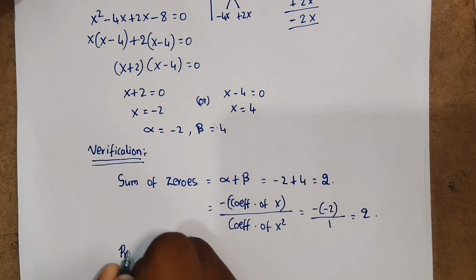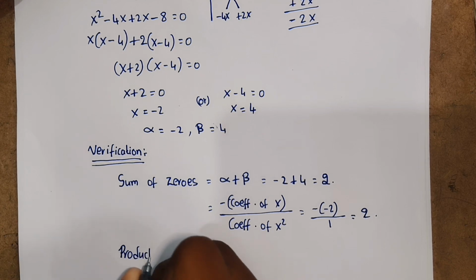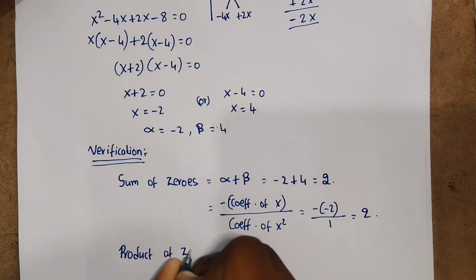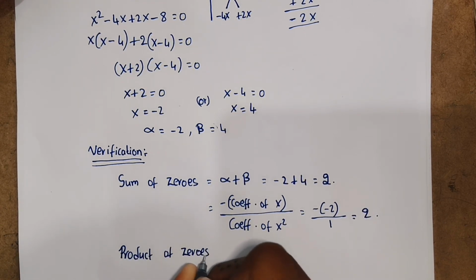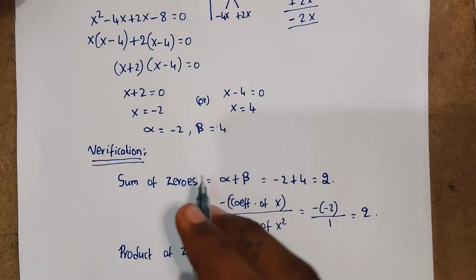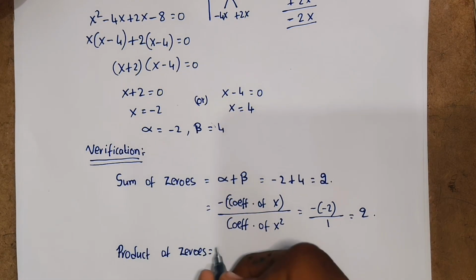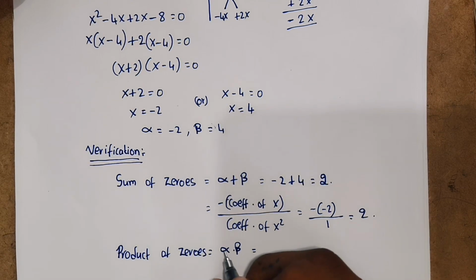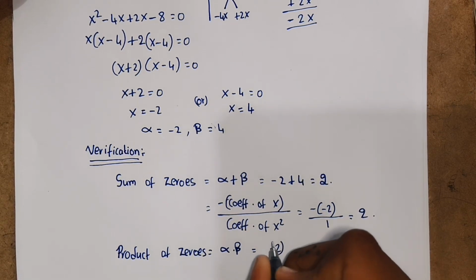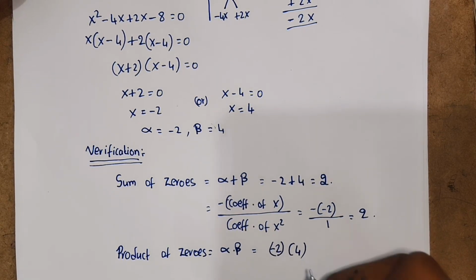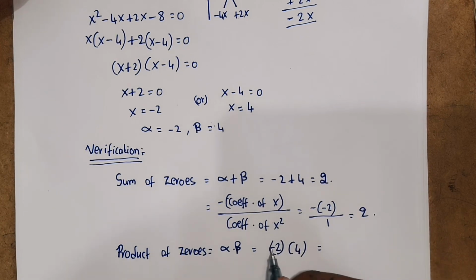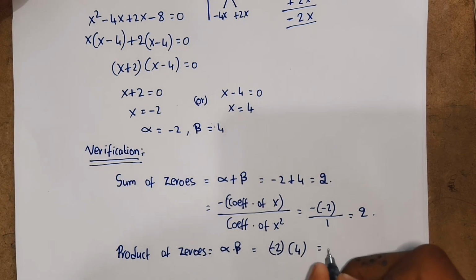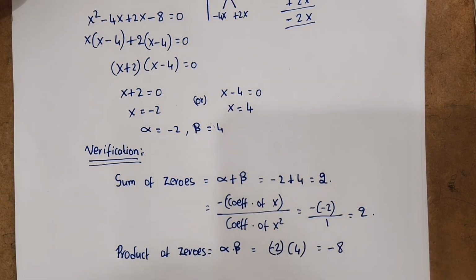After the sum, product of zeros. Product of zeros means what are the zeros here? Alpha and beta. So alpha into beta is equals to alpha is minus 2 and beta is plus 4, equals to plus into minus, minus 2 4s are 8.